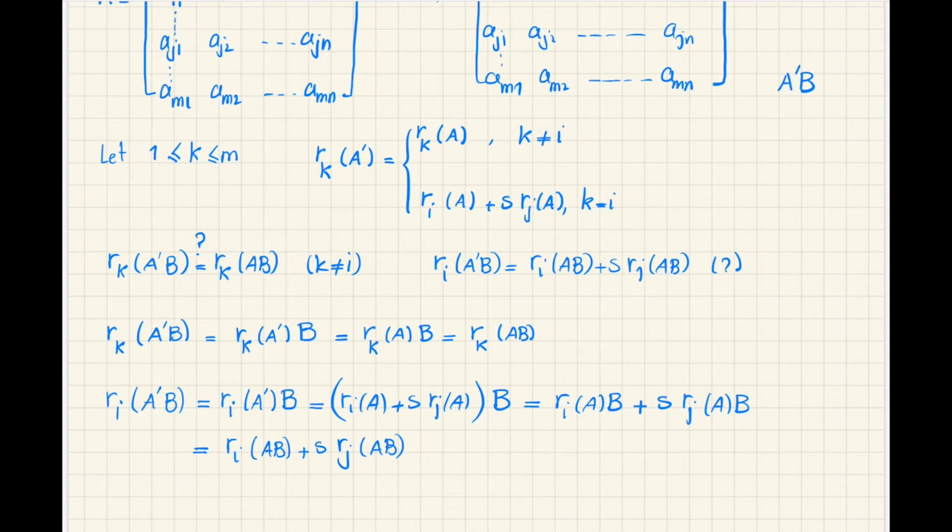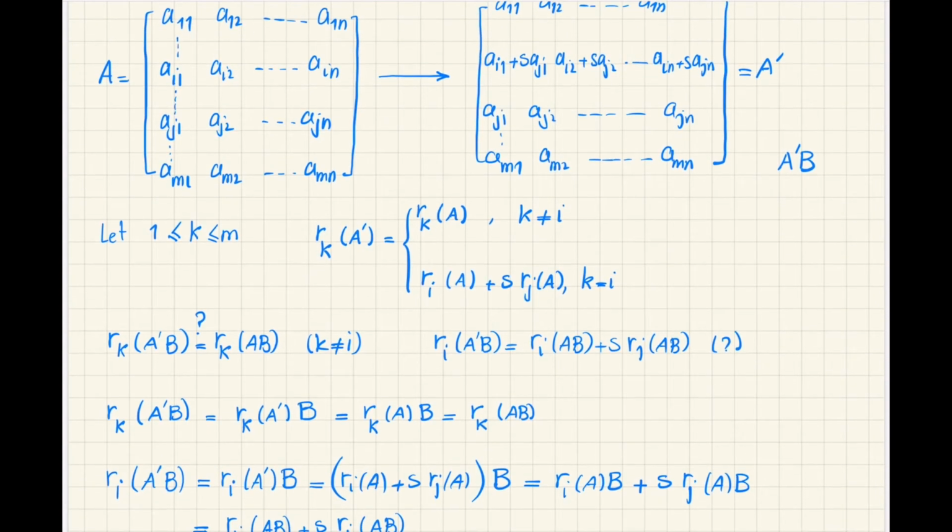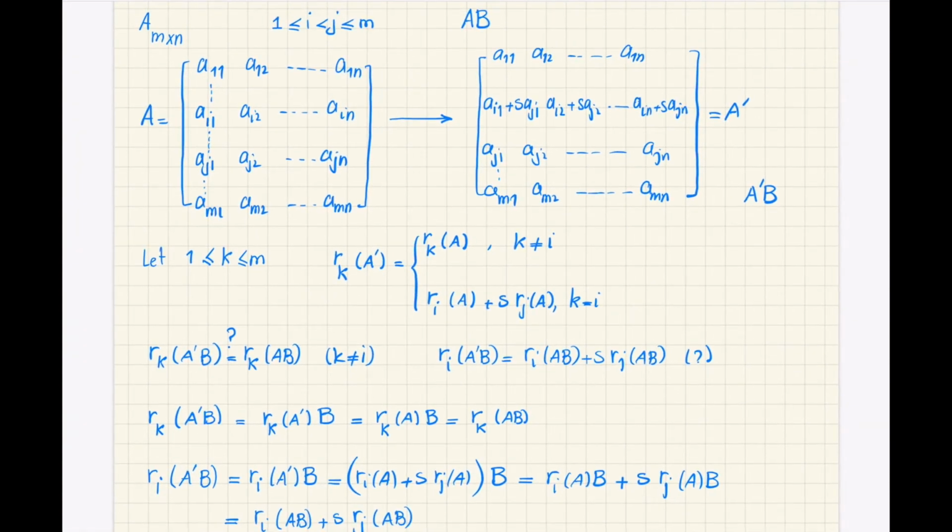And I am done. I wanted to show the equality of these two, so I started from the left hand side and showed that this is equal to the right hand side. So it means that exactly the same change that I applied to matrix A to get matrix A prime will transfer to the product itself. Yes, so the product will also go under the same change that A has gone.